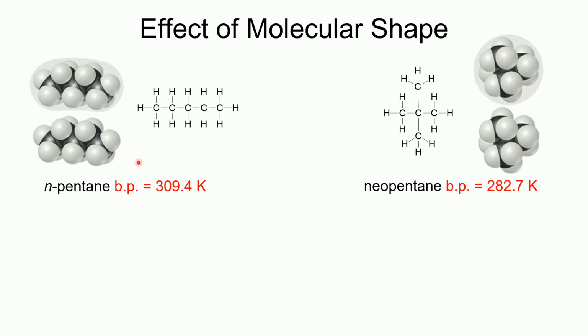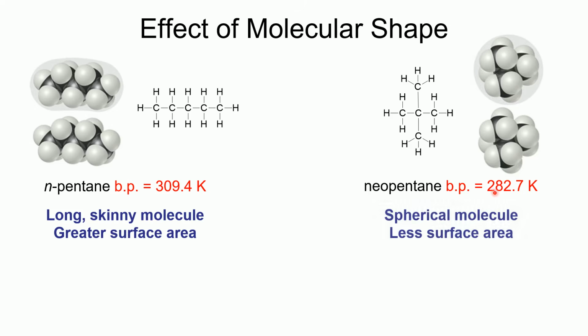The n-pentane has stronger dispersion forces than the neopentane. And we can account for this in terms of what the shape is. N-pentane is a long, skinny molecule and has a greater surface area, whereas neopentane is a much more spherical shaped molecule. Now, it's definitely not perfectly spherical shaped, but it is a spherical shaped molecule.